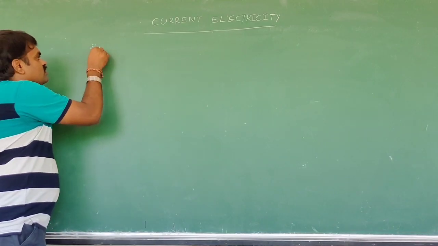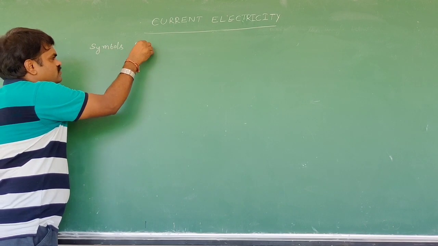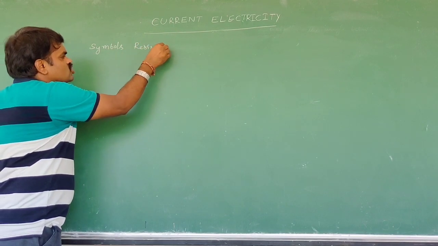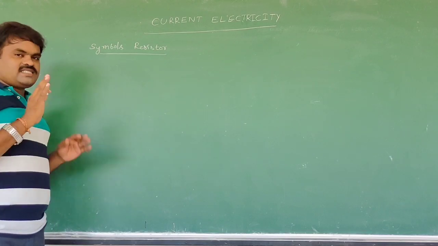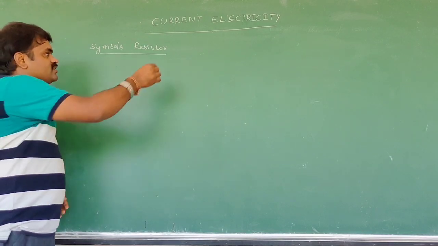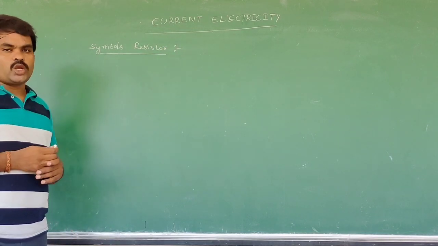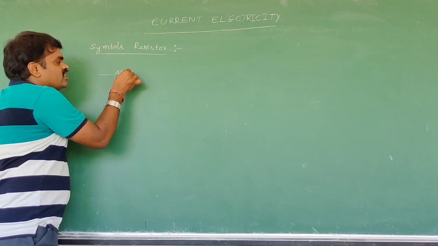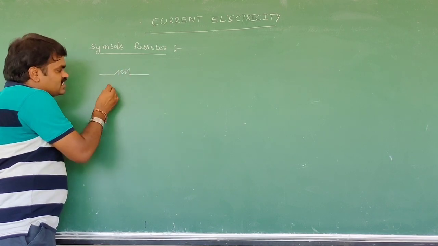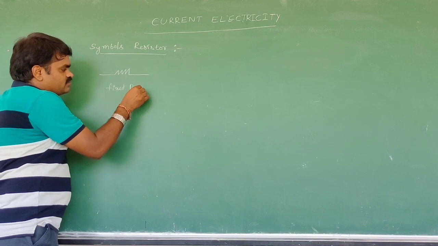Symbols of a resistor. Resistance is a physical quantity, but a resistor is an electronic device. The symbol of a resistor can be denoted in circuits like this. This is a fixed resistor.